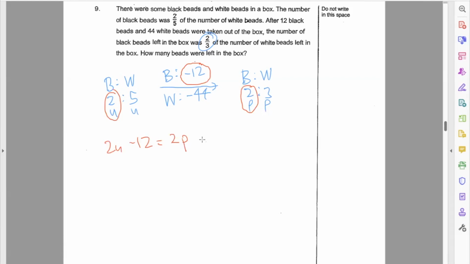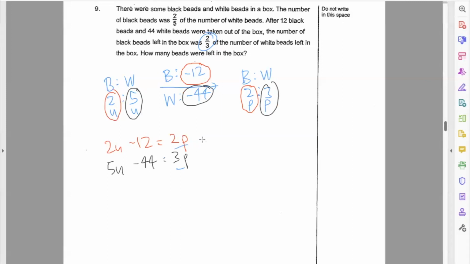So we started off with 5 units of white bits, take out 44, and then end up with 3 parts. So 5 units minus 44 ended up with 3 parts. So the approach to solving this kind of question is to always make the parts the same. Okay, so let's make the parts the same.